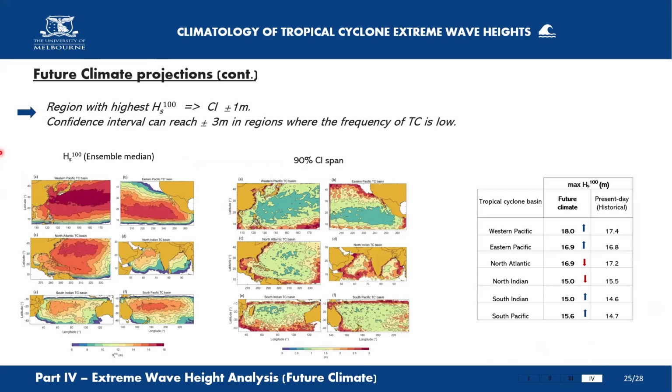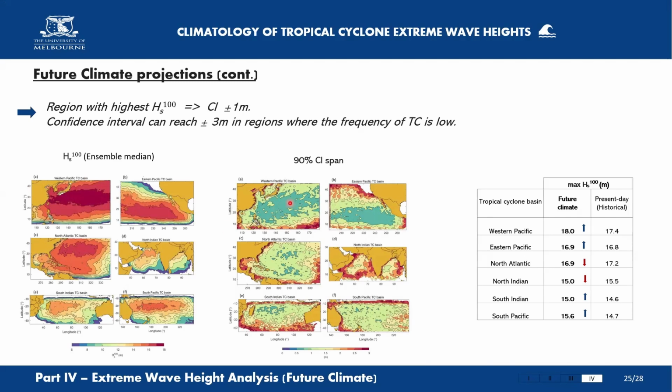Here we have the contour plot of the HGS 100, just the ensemble median for all tropical cyclone ocean basins, on the left, and on the right, the confidence interval span for each basin. We can see that in regions with the highest HGS 100, the confidence interval is good.